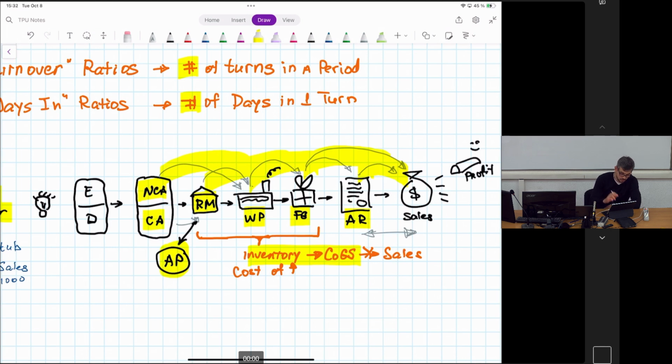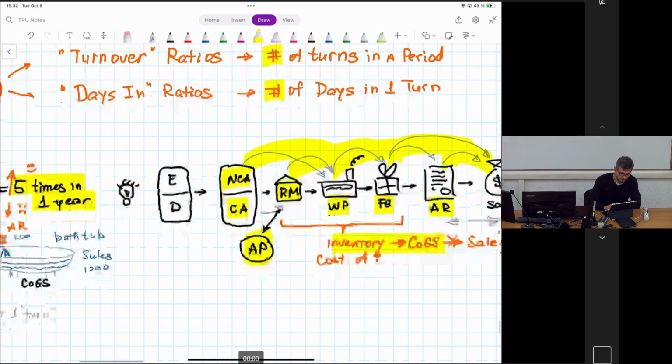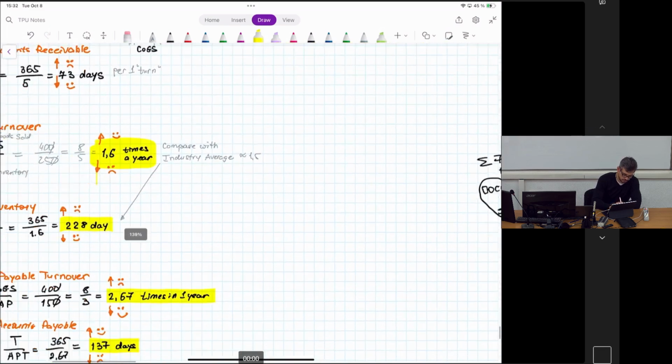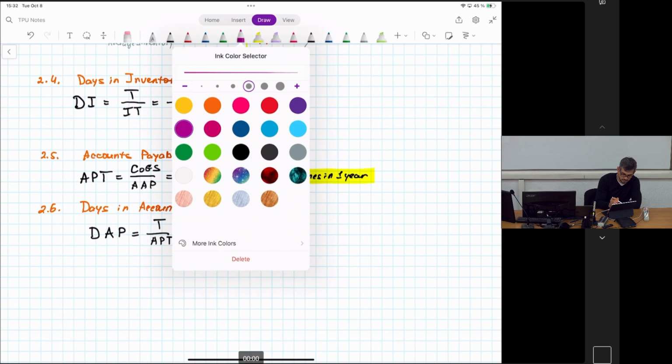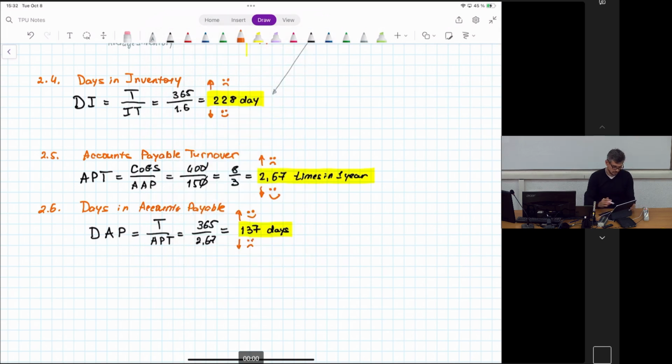So there is one ratio we didn't talk about, and it's called capital turnover. Let's talk about that. 2.7, capital turnover.